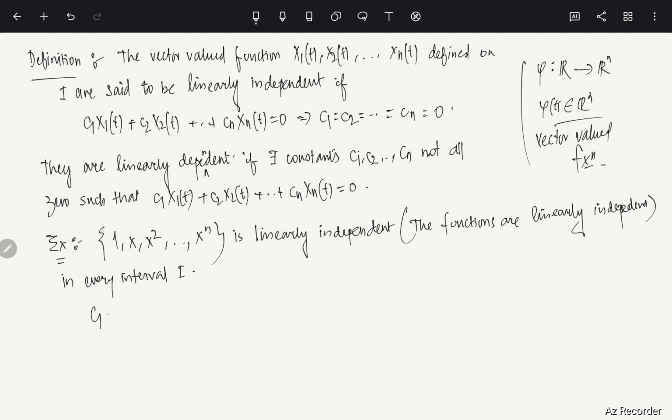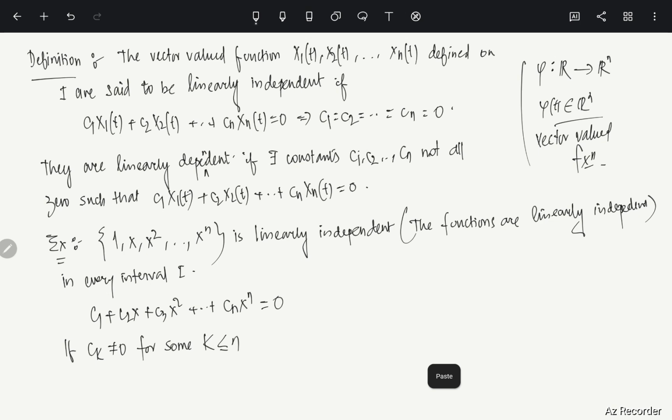See, c1 plus c2 times x plus c3 times x square plus ... plus cn times x power n is 0, right? And if any ck is not 0, let's say there is a k less than or equal to n for which ck is non-zero.